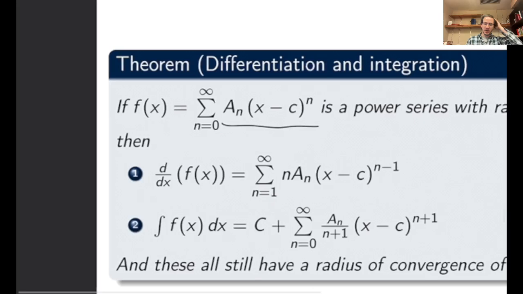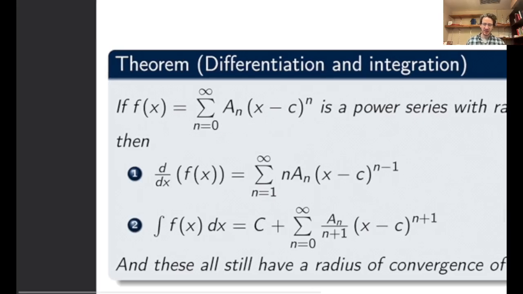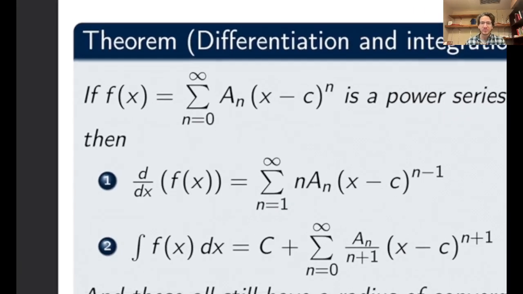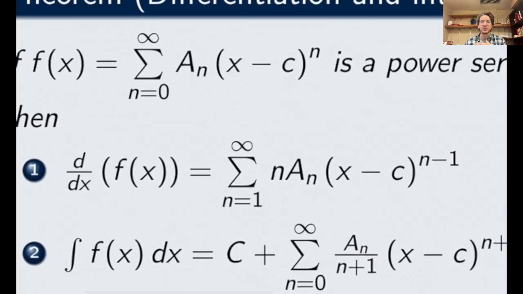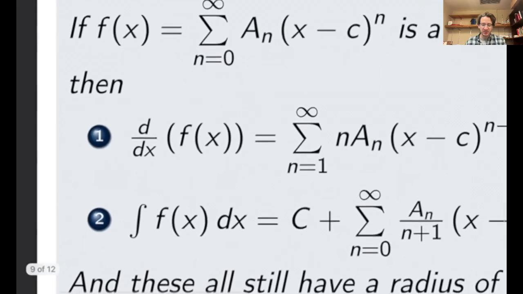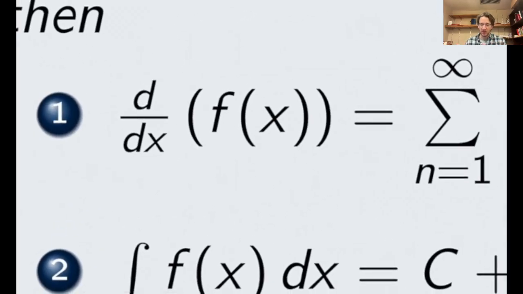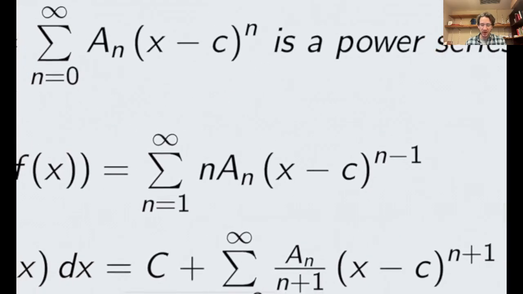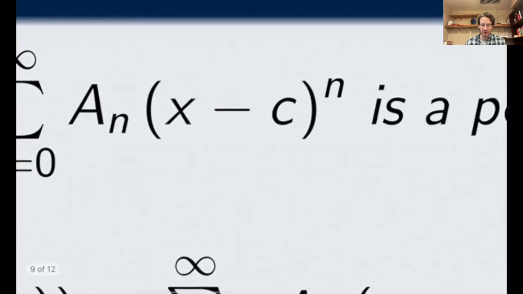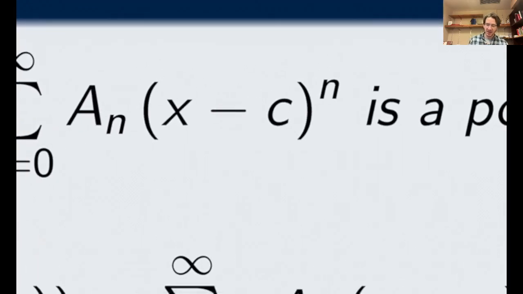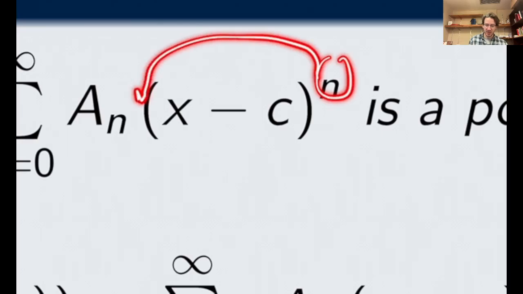So if you know that the function f of x has the power series representation given here, the sum from 0 to infinity of an times x minus c to the n, and you want to find the power series representation for the derivative of f, well, just use the power rule. The derivative of this thing with respect to x, I bring the exponent down, so I get an times x minus c to the n minus 1.